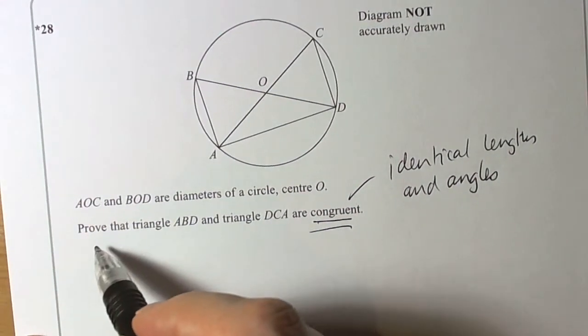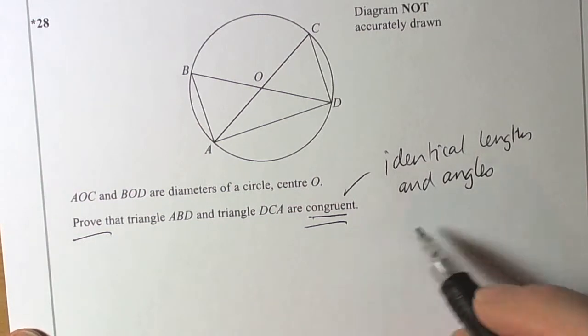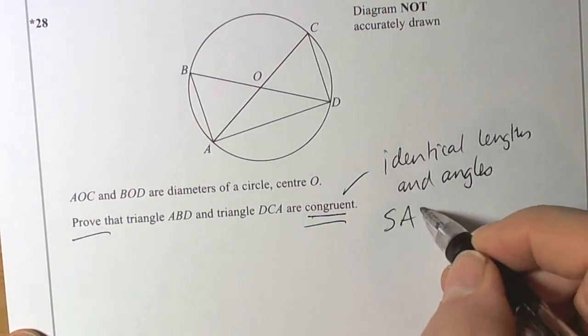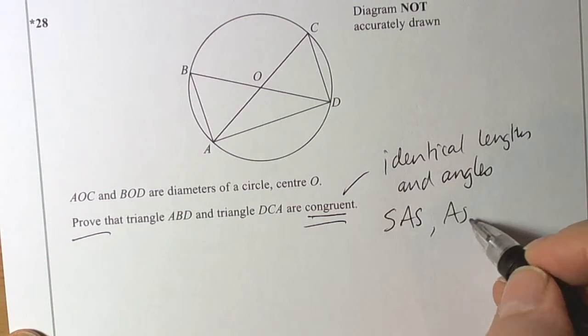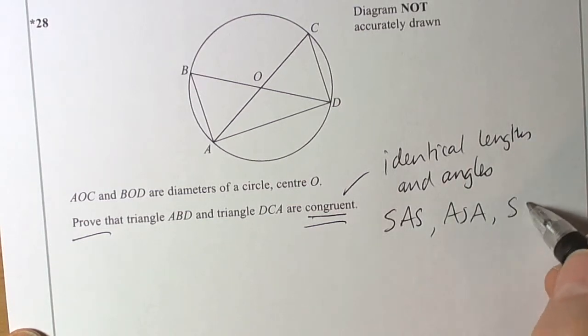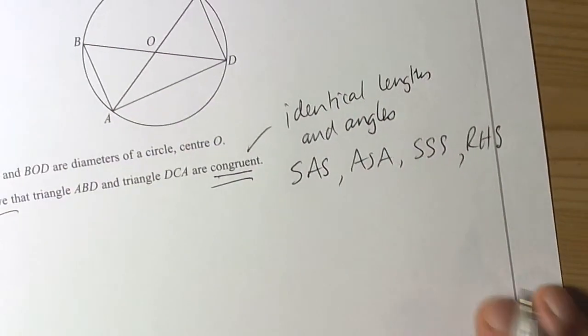Because it's asking us to prove, then for congruency we have to either prove we're dealing with side angle side triangles, or angle side angle triangles, or side side side triangles, or right angle hypotenuse and side.